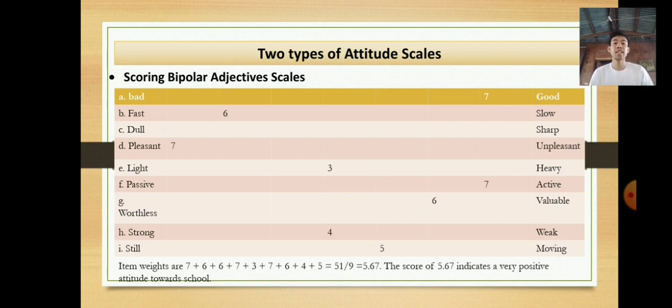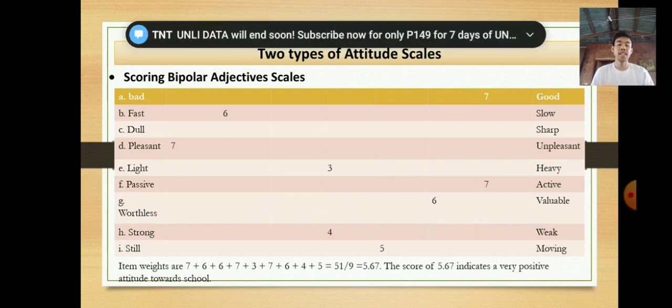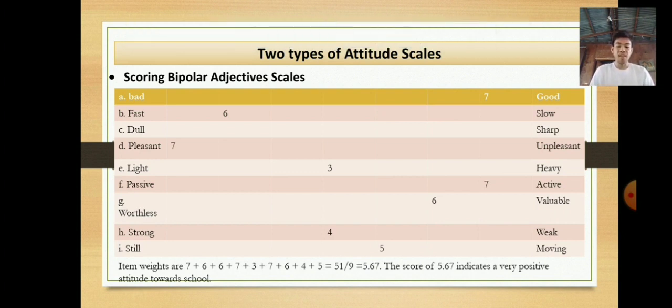The positive adjective is placed on the negative adjective scale only. A Likert scale needs approximately 20 statements, while here you only need 4 to 8 adjective pairs.